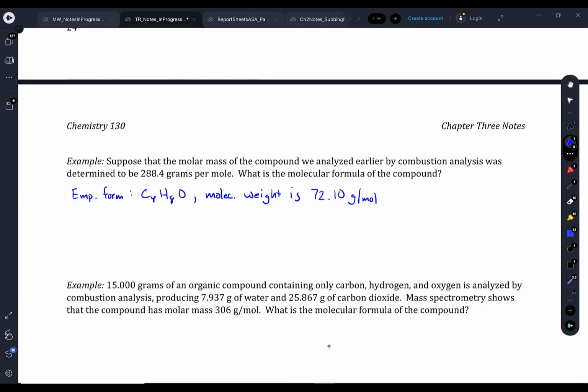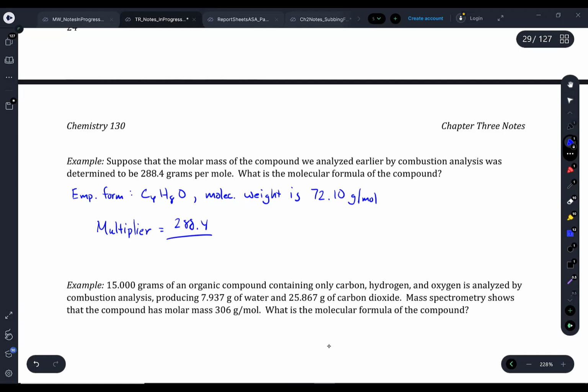So this thing called the multiplier is found by just taking the true molecular weight, 288.4, dividing by 72.10, the molecular weight of the empirical formula. And you should get a whole number here.